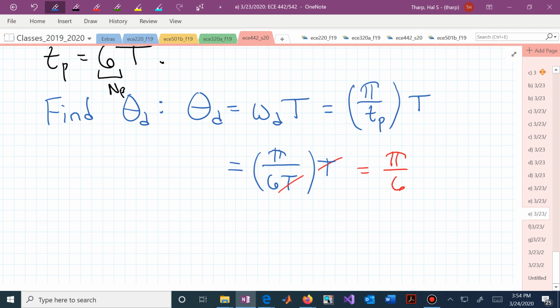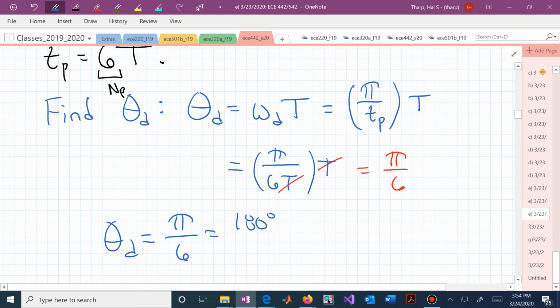And if you're not used to thinking in terms of pi as an angle, pi is 180 degrees. Divide that into 6 pieces, and you see that theta sub d is in fact simply 30 degrees.